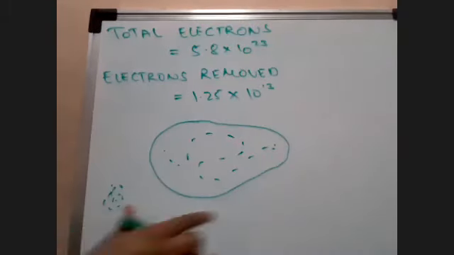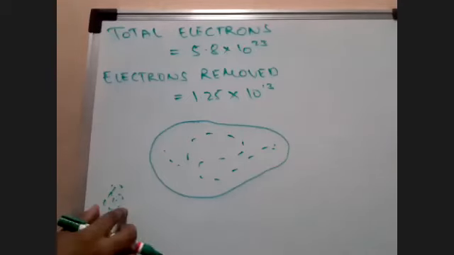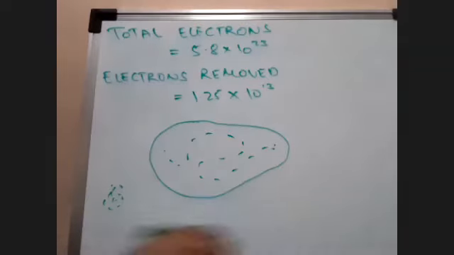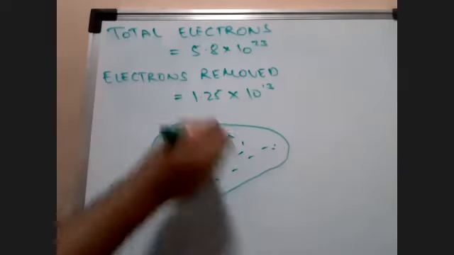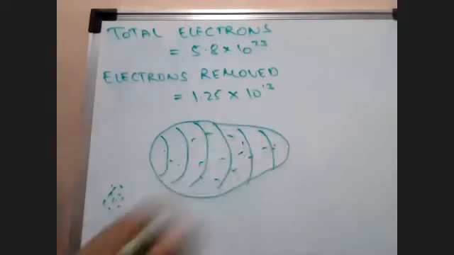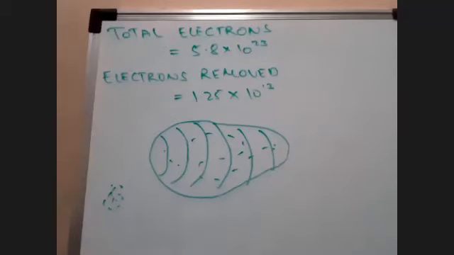But what is asked is the fraction. So if you divide this small amount by the entire total number of electrons, you are going to get a fraction.